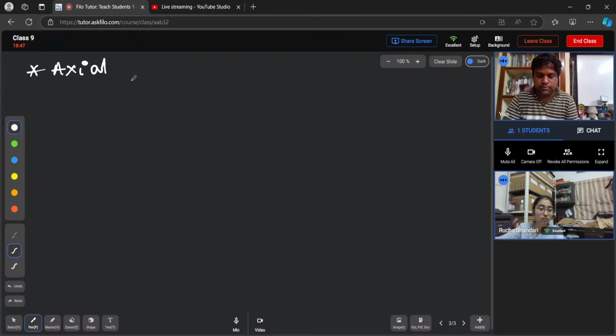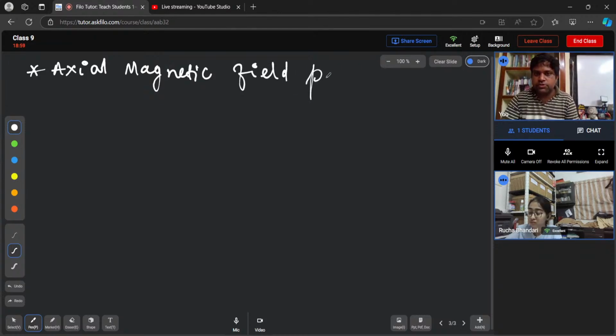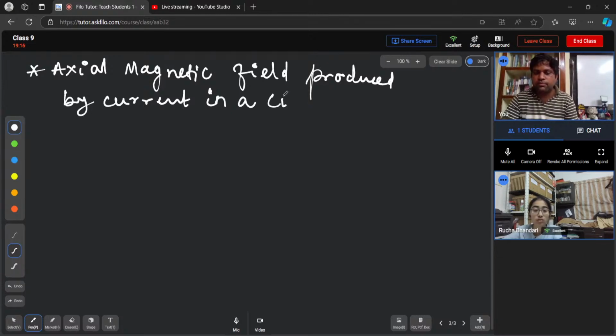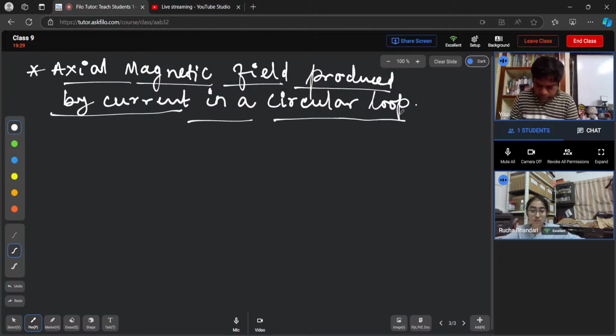Axial magnetic field produced by a current in a circular loop.